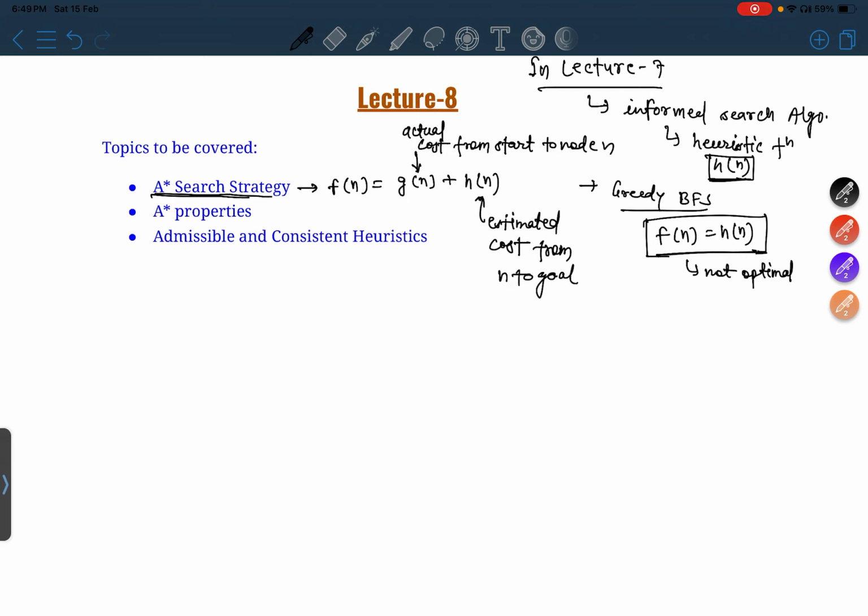So we'll talk about the A star search algorithm, which uses both g of n and h of n.